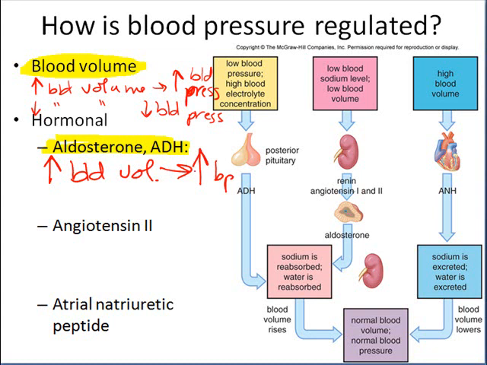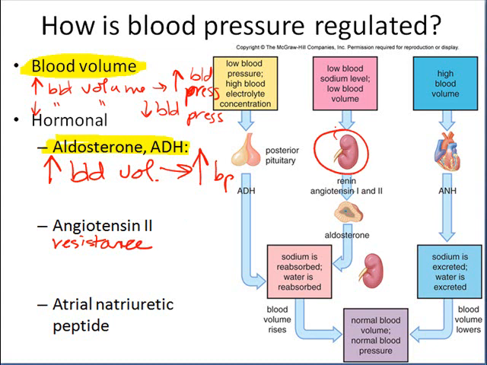Angiotensin II is another example of a hormone that can impact blood pressure, but rather than impacting it by first impacting volume, angiotensin II impacts blood pressure by changing resistance. And here's how it works. In your kidneys, there is a collection of cells we're going to learn about in a couple weeks whose responsibility it is to monitor blood pressure in the kidneys.